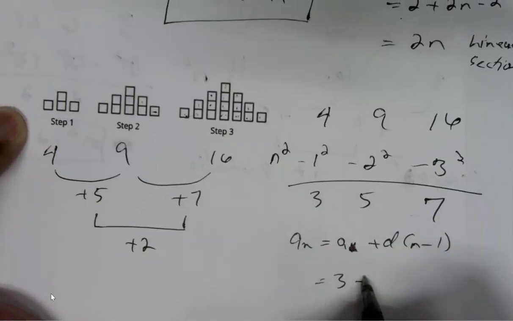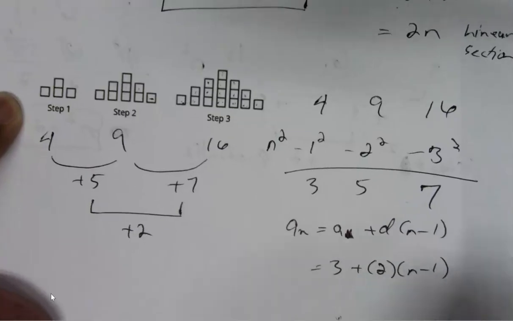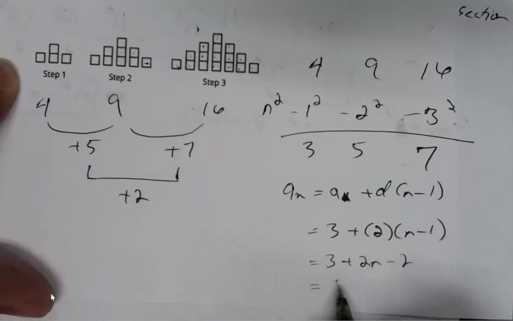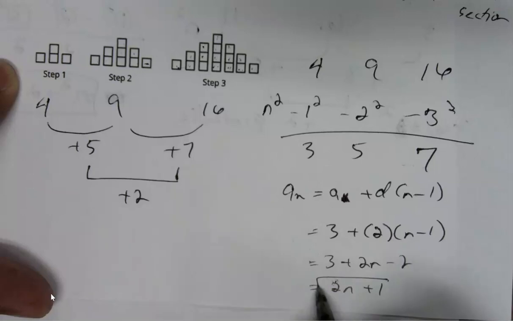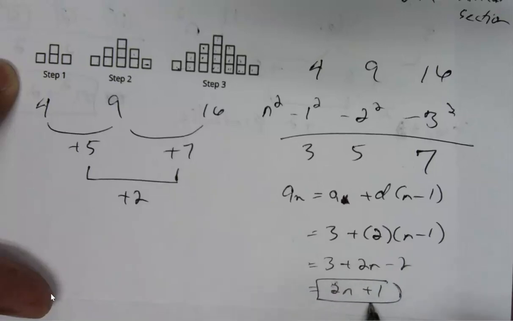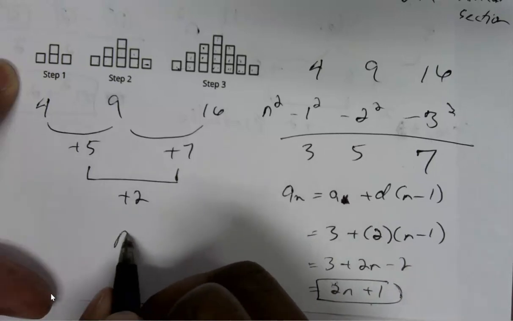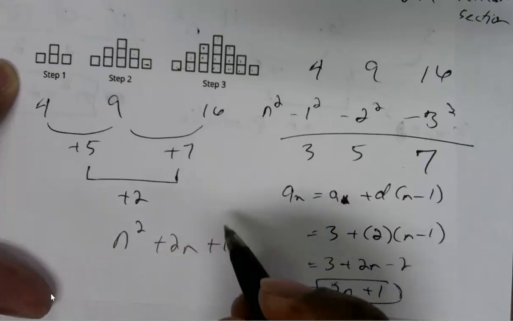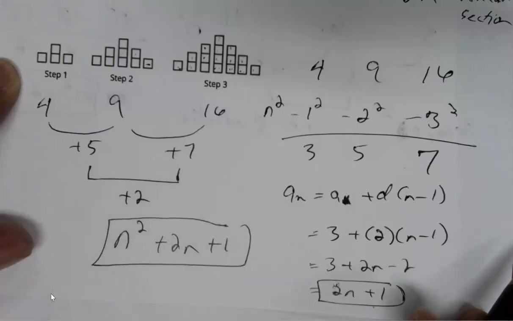This should be 3 plus my common difference, 2 times n minus 1. 3 plus 2n minus 2, which is 2n plus 1. So this is my linear section. And it's going to be my stage number squared plus 2 times my stage number plus 1 that should give me all the numbers in that sequence.